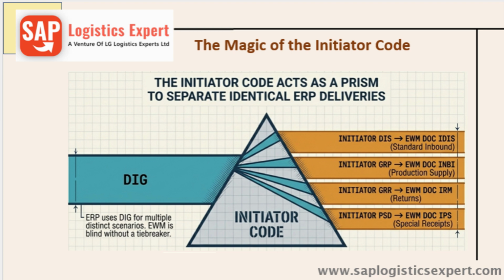So for the same ERP document type, DIG, initiator code DIS will determine EWM document type IDIS. Initiator code GRP will determine EWM document type INBI. Initiator code GRR will determine EWM document type IRM. Initiator code PSD will determine EWM document type IPS. Without the initiator code, EWM is blind. Hence this is a very important configuration.